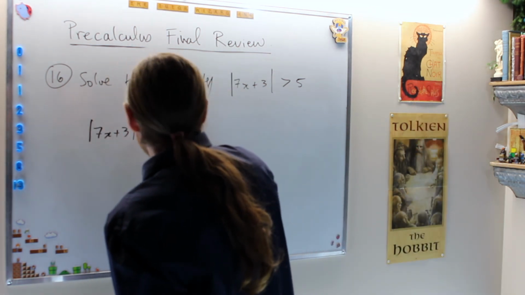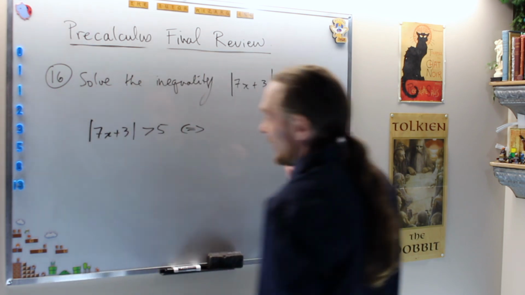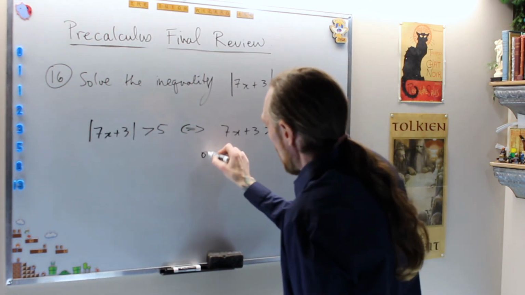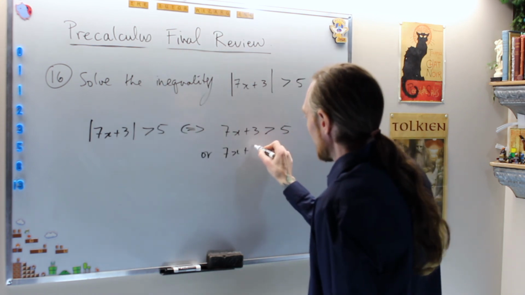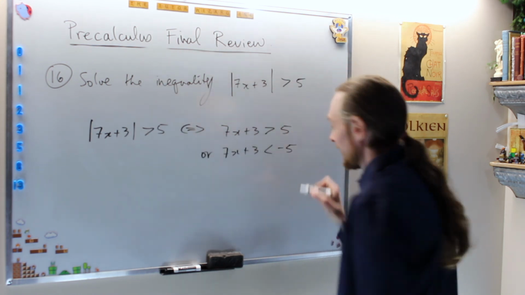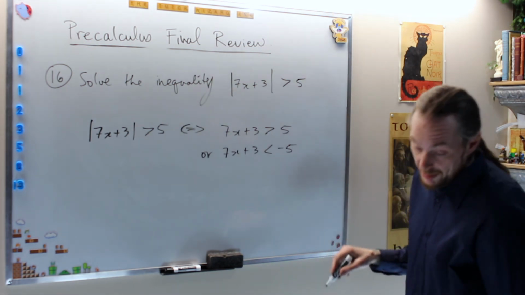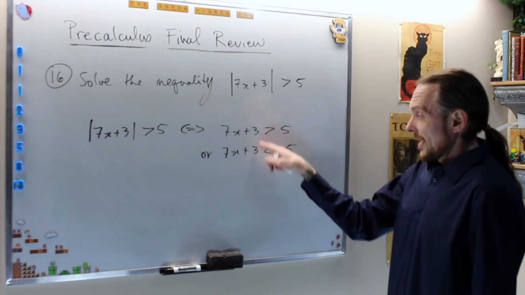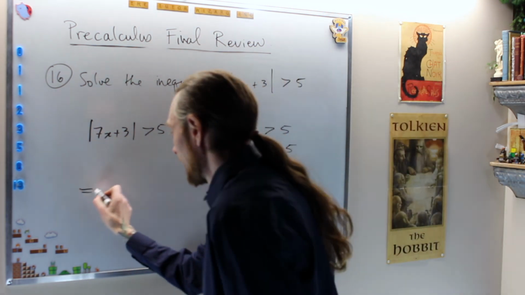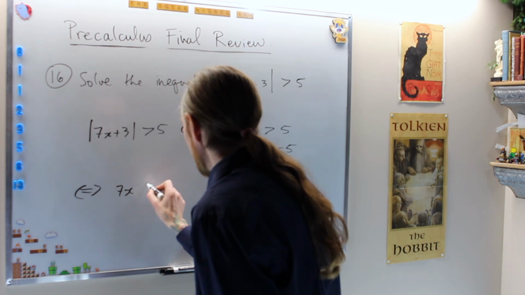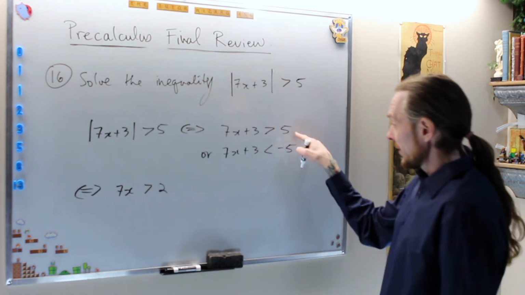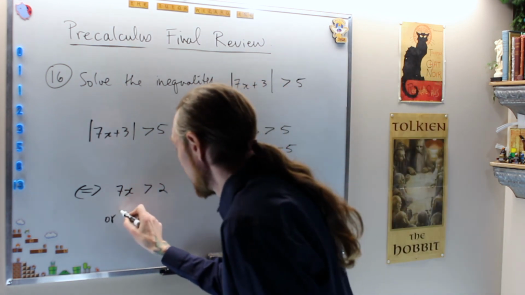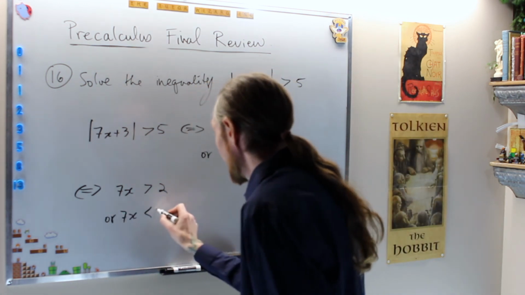7x plus 3 is larger than 5 if and only if 7x plus 3 is larger than 5, or 7x plus 3 is less than negative 5. That's the first step. Now the absolute value bars are gone. Now we solve these two inequalities for x. Let's subtract 3 from both sides. This gives me if and only if 7x is larger than 2, bringing the 3 to the other side, or 7x is less than negative 8.